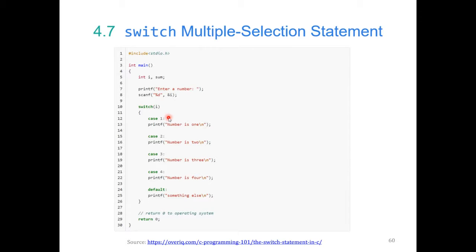If i is 1, we print number is 1. If i is 2, we print number is 2. If i is 3, we print number is 3. For 4, we print number is 4. And if it's not 1, 2, 3, or 4, then we print something else, and then we execute the program.